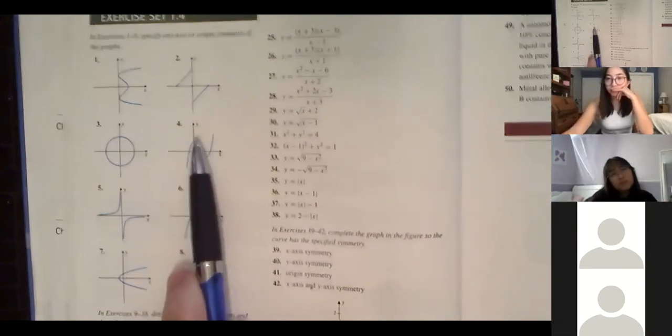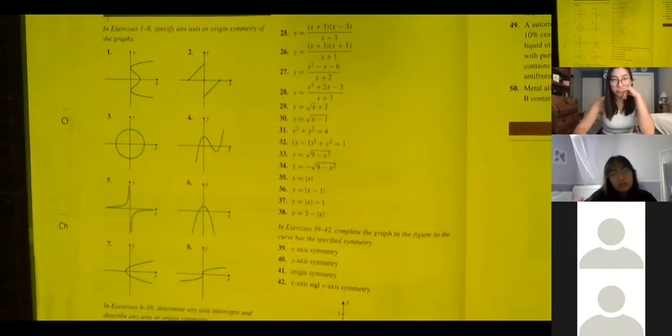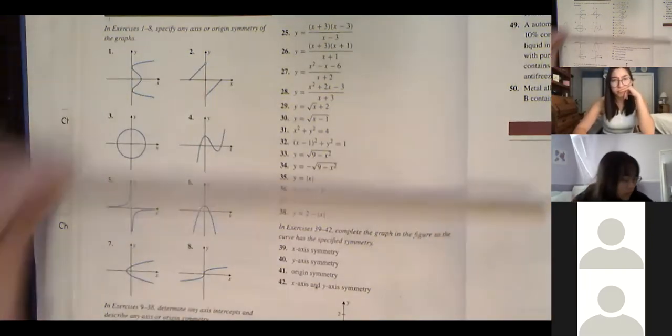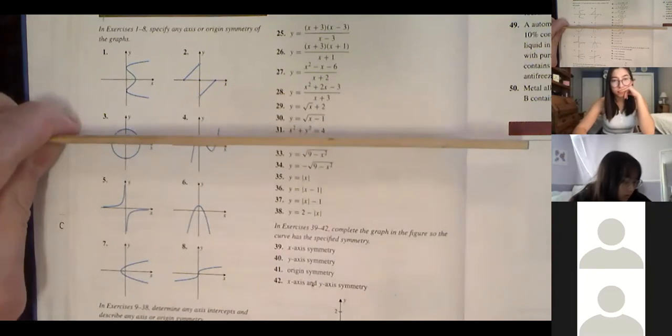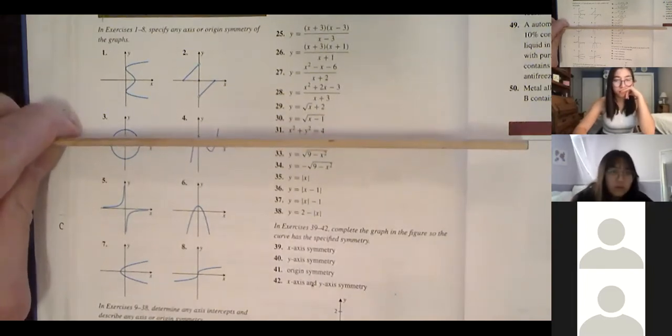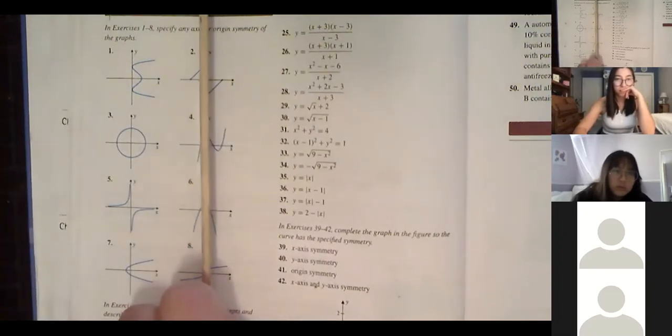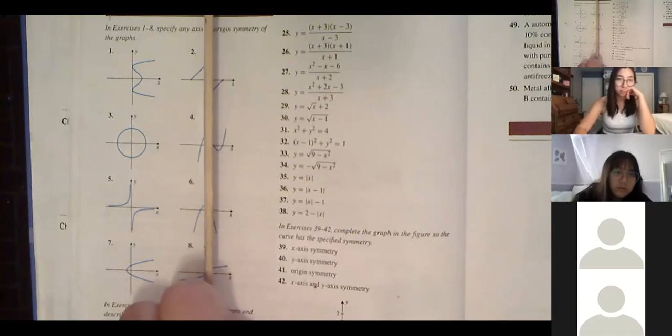Okay. Now, number 4, what symmetry does it exhibit? Okay, so let's check. X-axis? No. The top is not the reflection of the bottom. Y-axis, is the top the reflection of the bottom? No, it is not. That means the left side should be a mirror image of the right side.